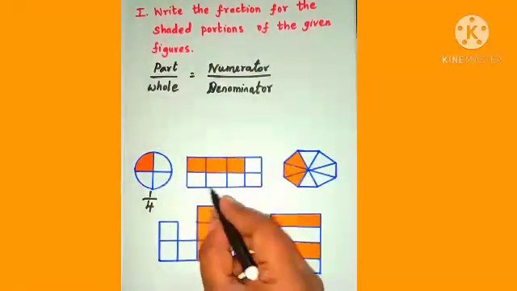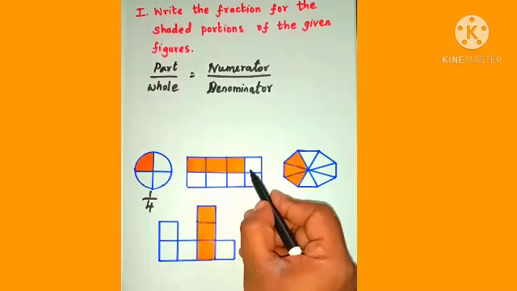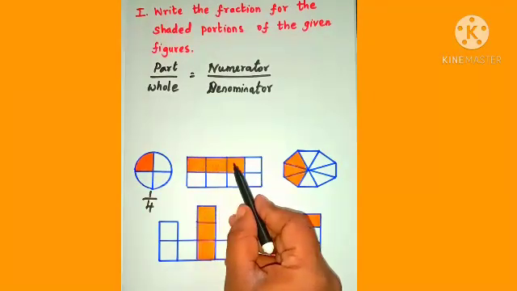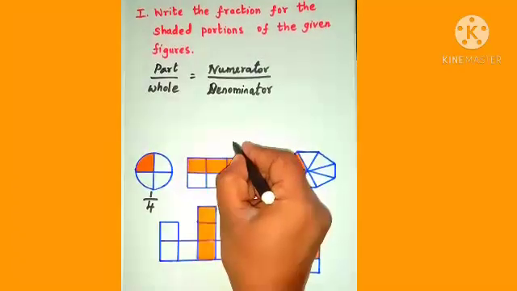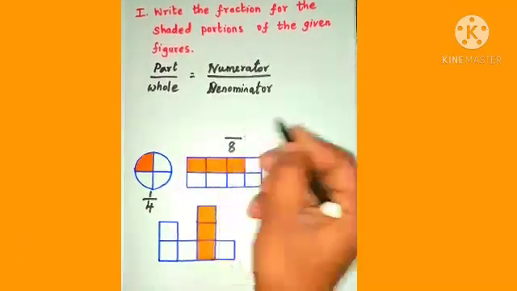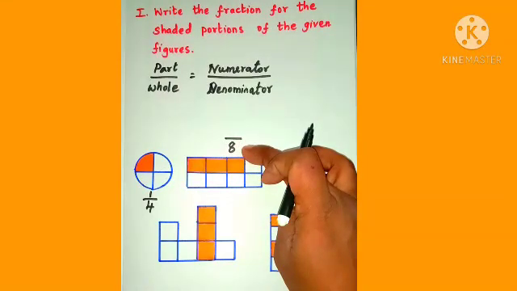And here, how many parts are there in total? 1, 2, 3, 4, 5, 6, 7, 8. So 8 will be the denominator, because the denominator is the total number of parts that make up a whole.